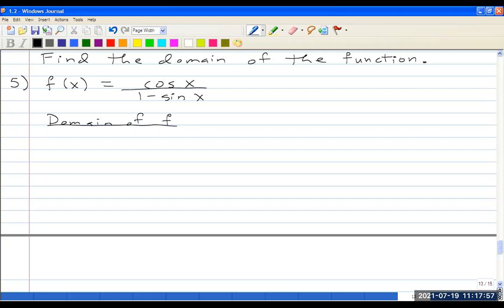And so I don't have to worry about when cosine and sine are defined because they're defined everywhere. So the only thing I have to worry about is dividing by 0 when I'm considering the domain. So I want to see, when is the denominator 0? When is sine of x equal to 1. And so let me draw this.